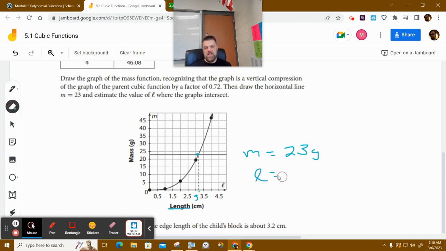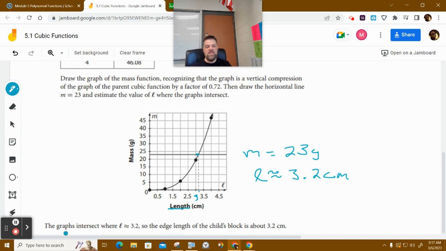Instead of saying it equals, what do I put there? The squiggly equal sign, which means approximately 3.2 centimeters. Well, that's the length of it, and that's basically it. Okay? That's all you have to do. Any questions on that? And I wrote it down, but it says so here.